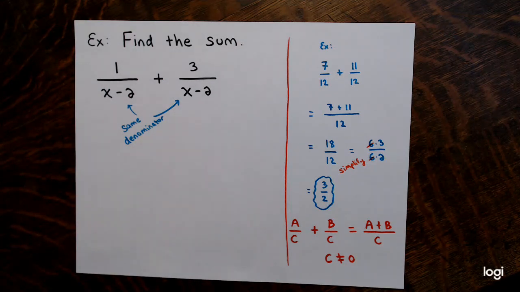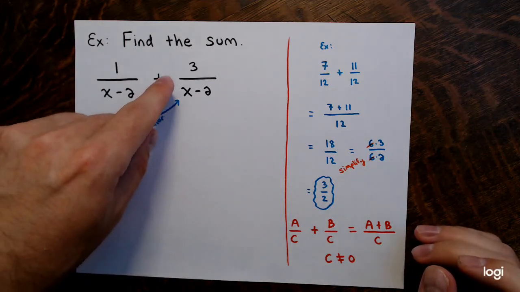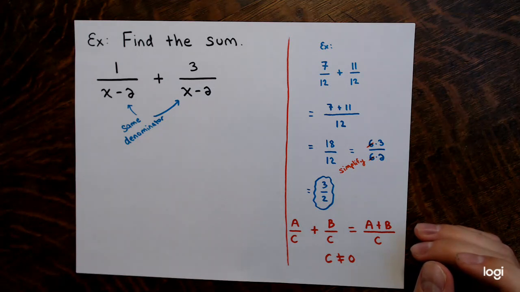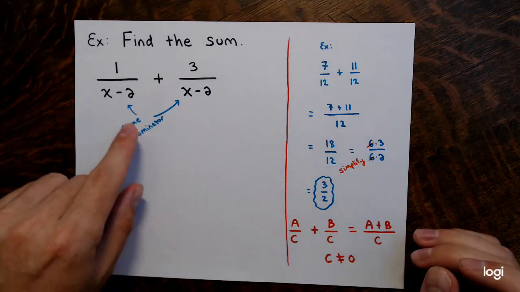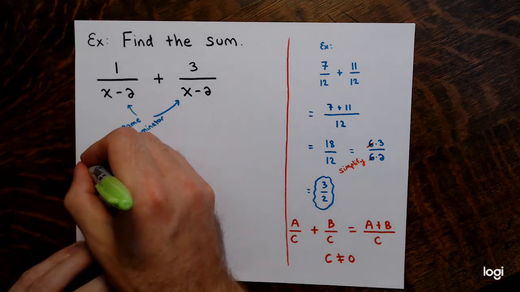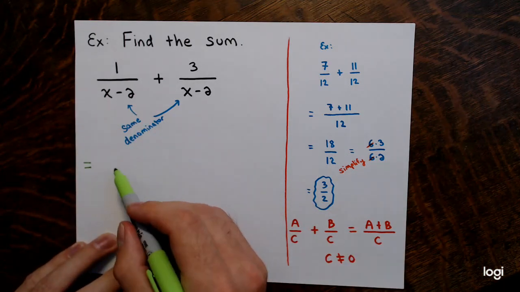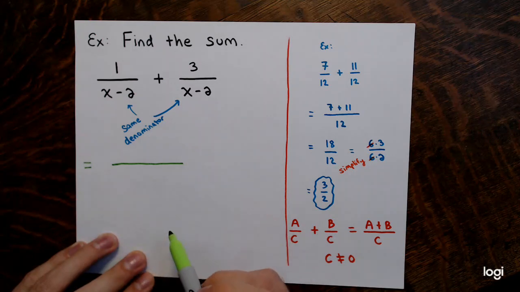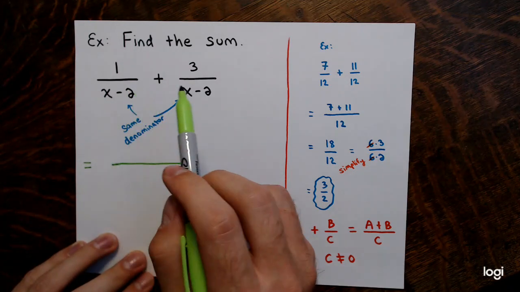All right, so in this first example, I have 1 over x minus 2 plus 3 over x minus 2. And I've already pointed out, same denominator here. So we can add these together, and so this will be equal to a new fraction where the denominator does not change.